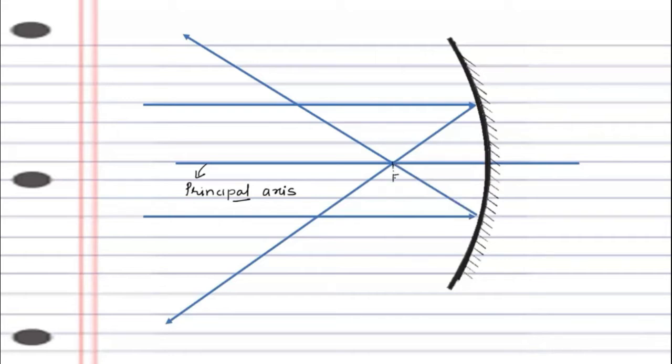It is generally denoted as F. It's actually a focus, and it is called principal focus because it is right on the principal axis. And after that, the center of this mirror is called the pole.